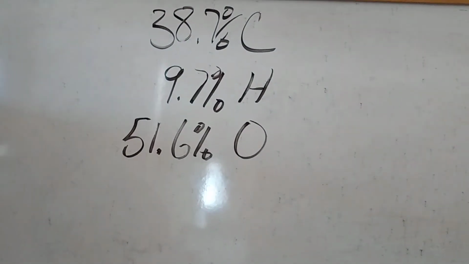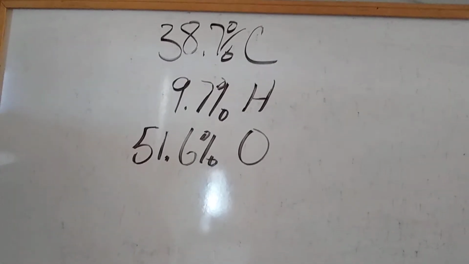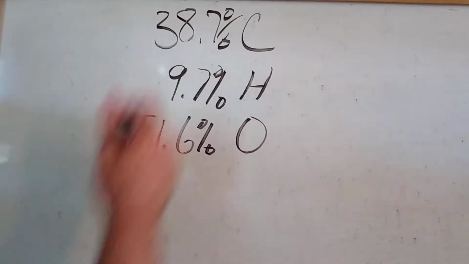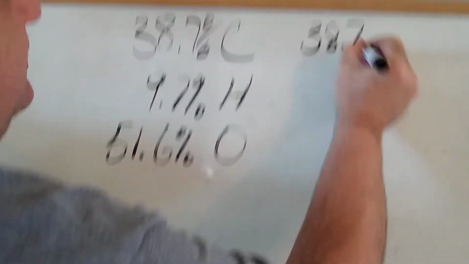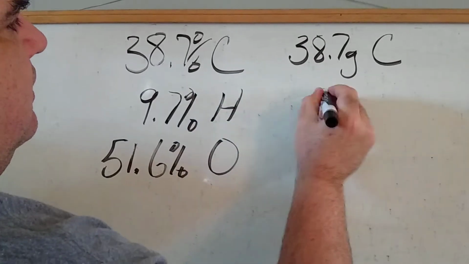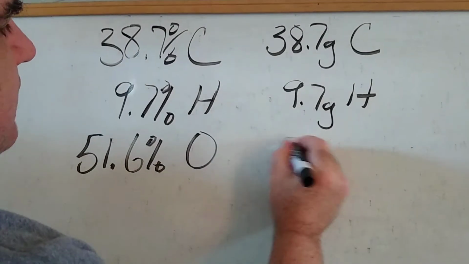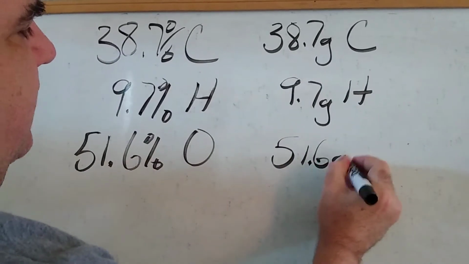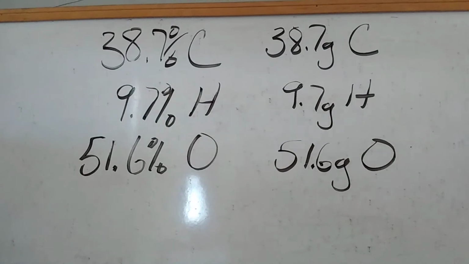These are percentages. So the first thing I'm going to do is say I just have a 100 gram sample of this substance. So now I have 38.7 grams of carbon, 9.7 grams of hydrogen, and 51.6 grams of oxygen for this compound that I'm trying to figure out its empirical formula.